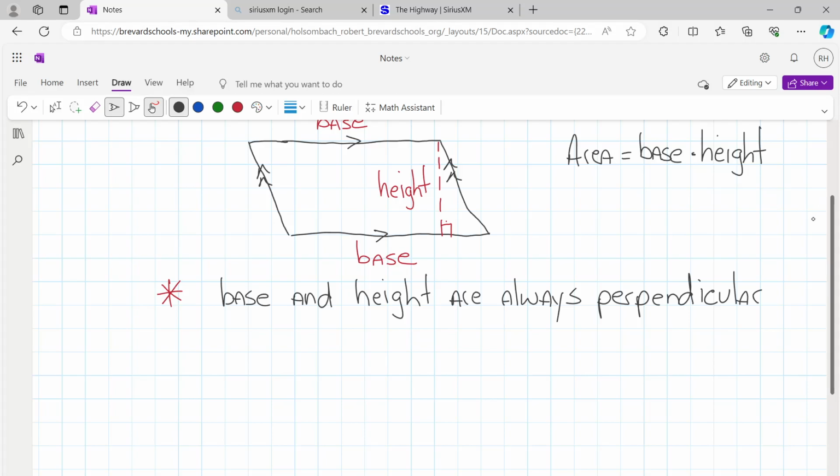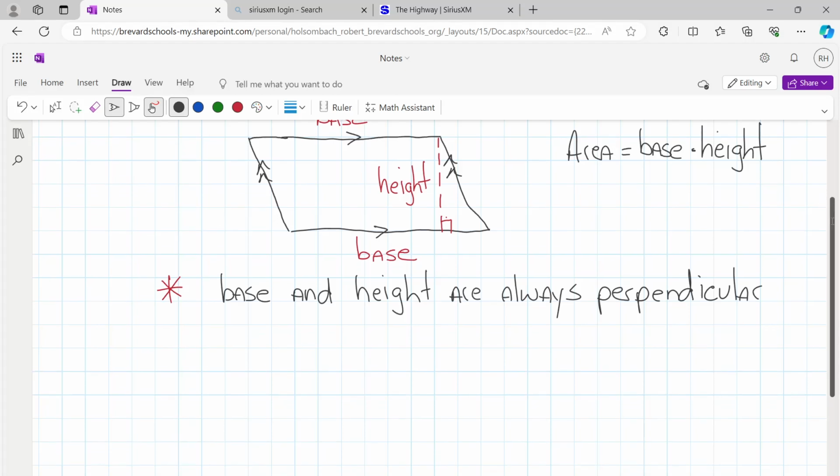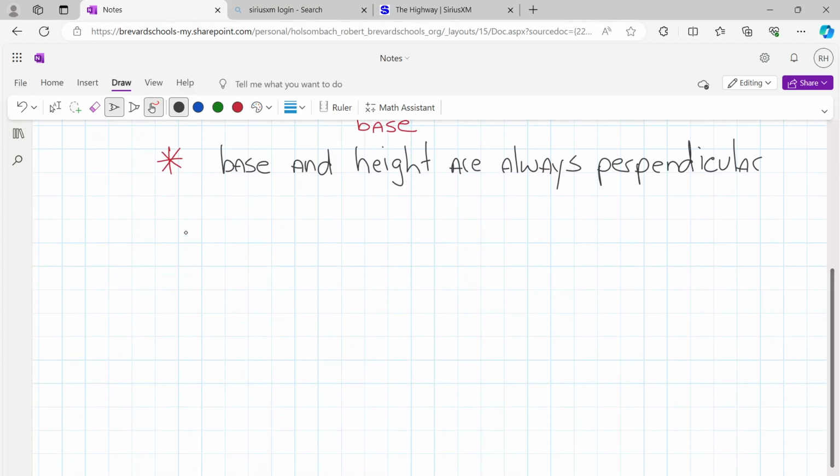So the two special right triangles that we talked about earlier this year were the 45-45-90. I hope you remember. If you've got a right triangle and one of the acute angles is 45 degrees, then the other acute angle is 45 degrees. And this special right triangle has rules.